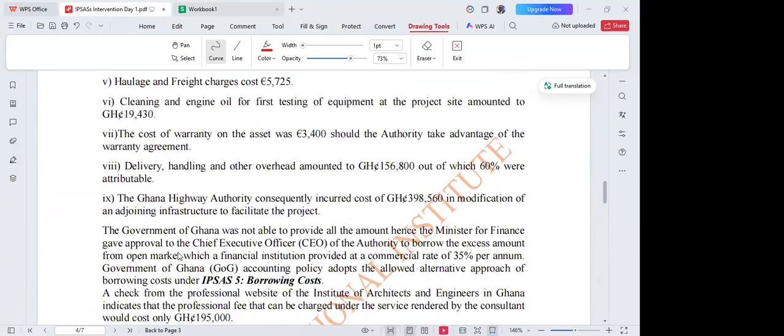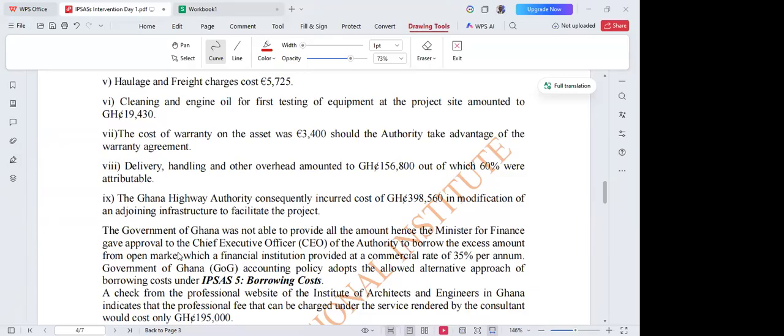V. Haulage and freight charges was €5,725. VI. Cleaning and engine oil for first testing of equipment at the project site amounted to 19,430.